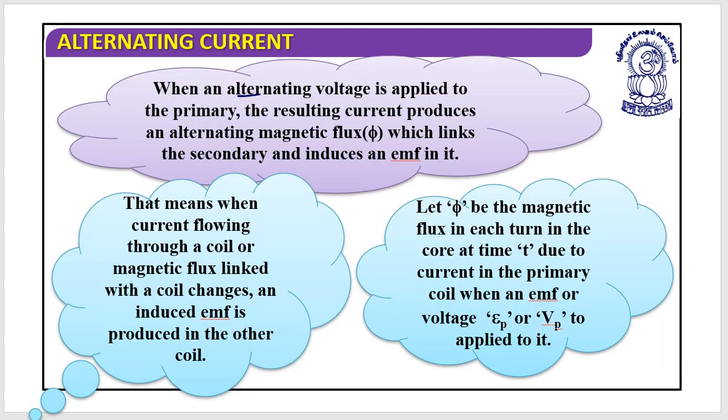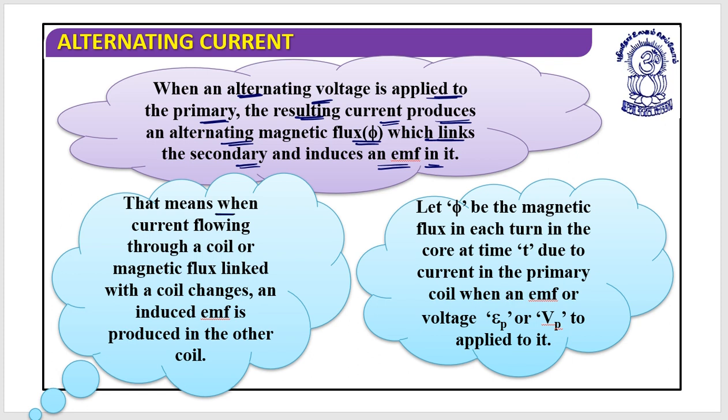When an alternating voltage is applied to the primary, the resulting current produces an alternating magnetic flux which links to the secondary and induces an EMF in it.